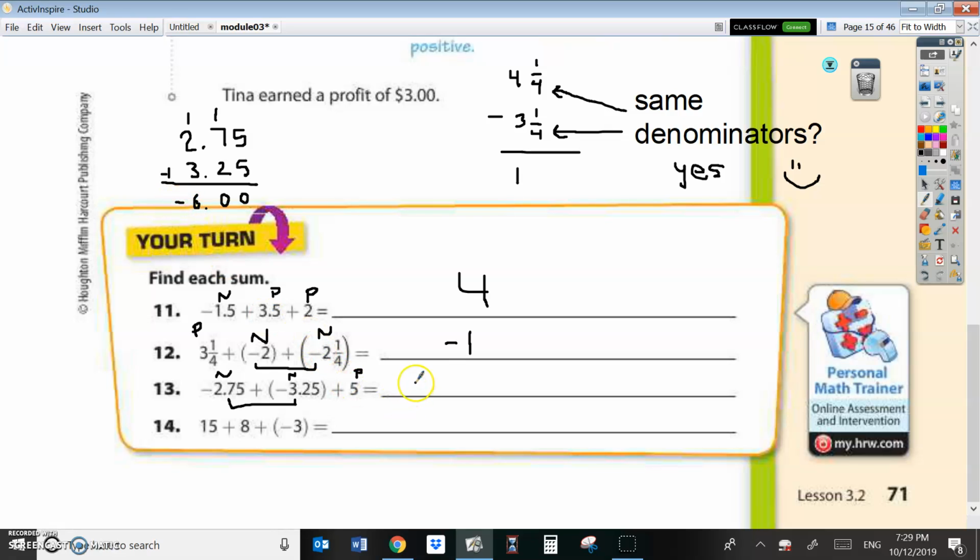So it's negative 6 plus 5 equals negative 1. Okay, positive, positive, negative. 15 plus 8 is 23, plus negative 3 equals 20.